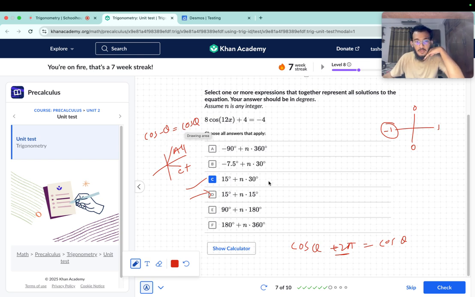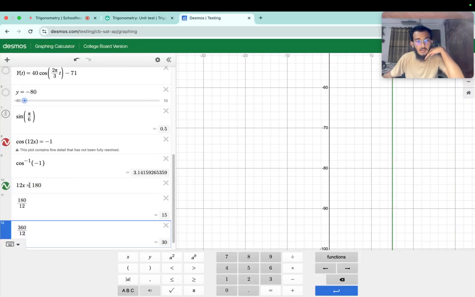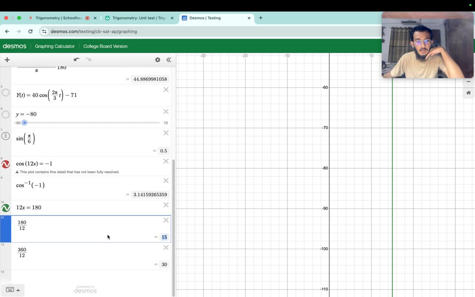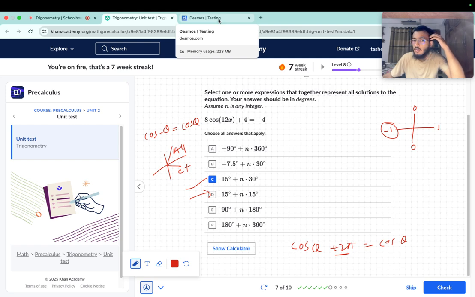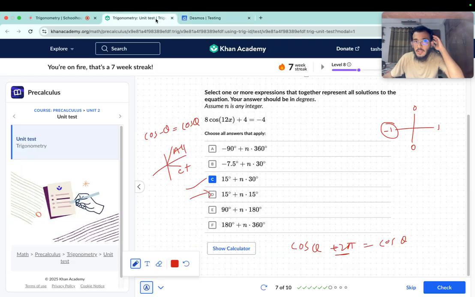So which means, what do we have? We have 15, right? Now 15 is the basic angle. So 180 divided by 12 is 15. So, negative of that.